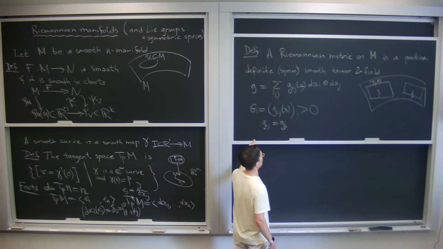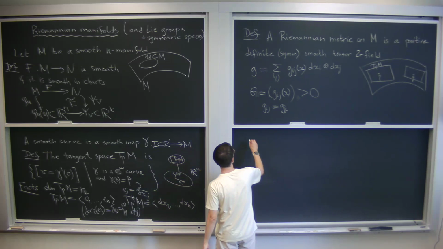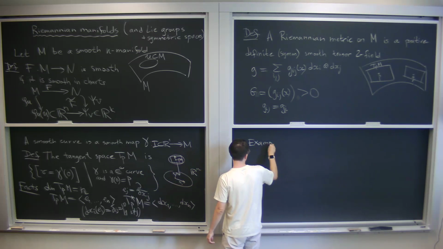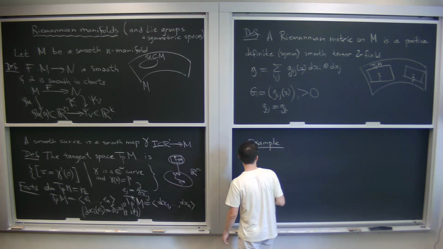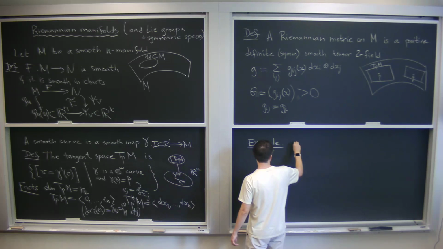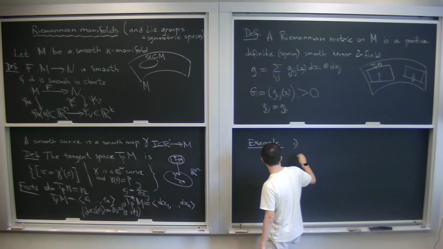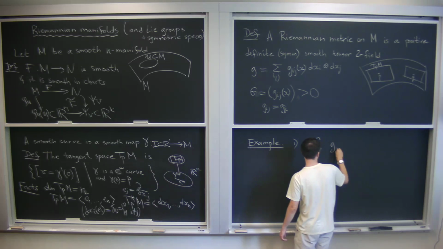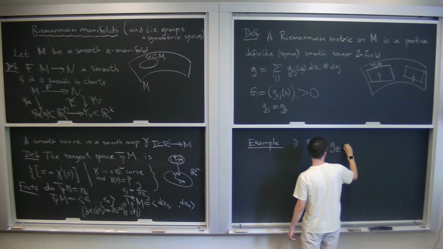Okay, so an example is definitely one can take R^n with the standard Euclidean metric, which I will denote by G_e. So this is G_e.